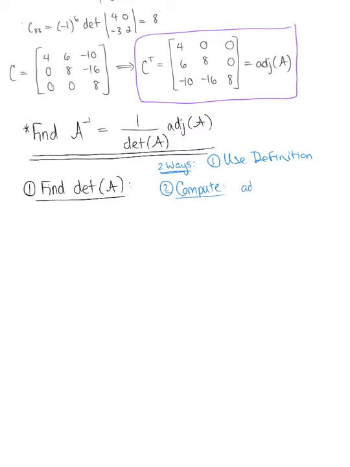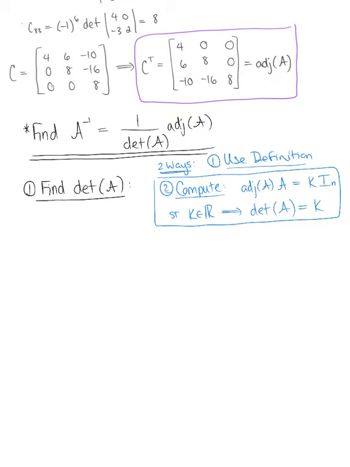We can left-hand multiply matrix A by its adjugate, which will produce a scalar multiple of the identity matrix in whatever dimension you're considering, such that K is a scalar, and this K value is the determinant of matrix A. So we can find the determinant of A either using the definition or using this formula, which is going to be particularly useful when we have much larger matrices. So I'm going to use case 2 here, and we can confirm it with our definition.